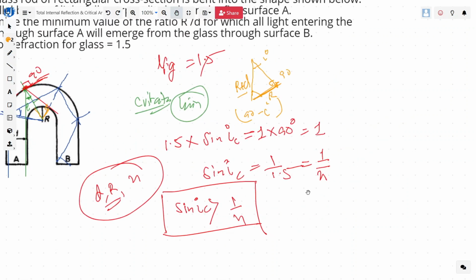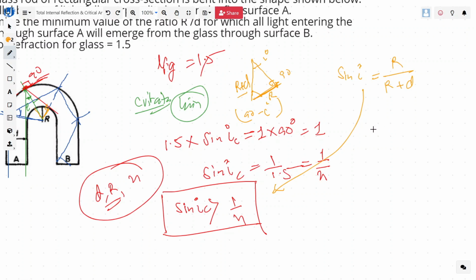Sine I is going to be equal to R divided by R plus T. This is the critical angle here, right? So now we can equate that.